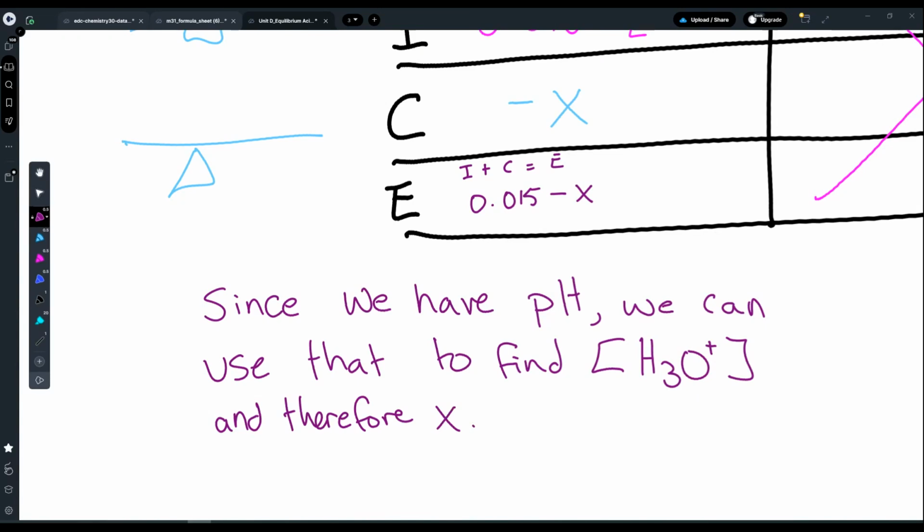So since we have the pH, we can use that to find the concentration of hydronium and therefore x.